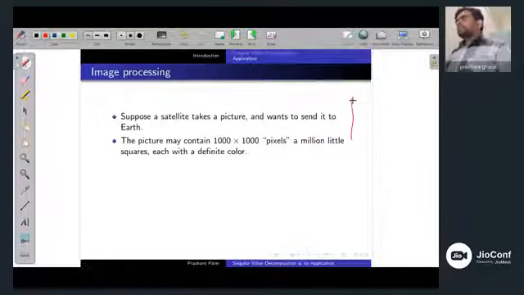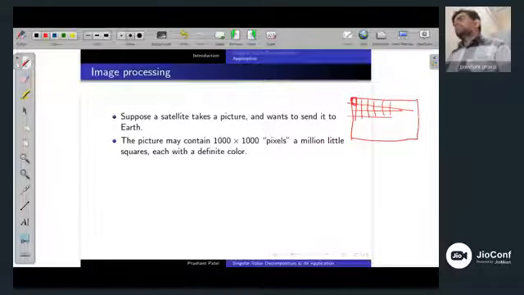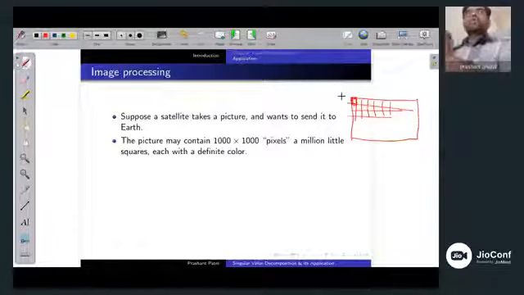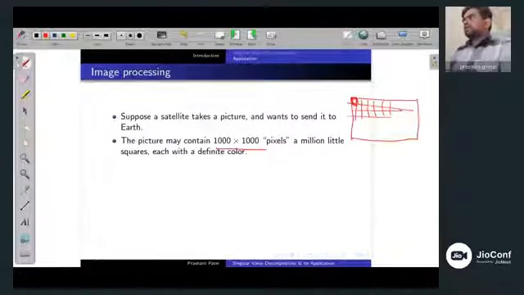Whenever you see an image, that image is actually a matrix, divided into some number of rows and columns, and each quantity gives you a definite color, and that color has some value. So the picture the satellite wants to send has 1000 cross 1000 pixels in it. This is one pixel, another pixel, and so on.